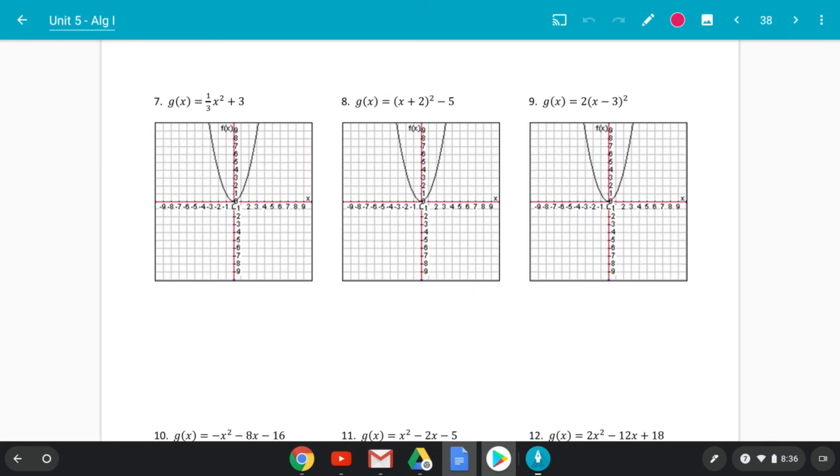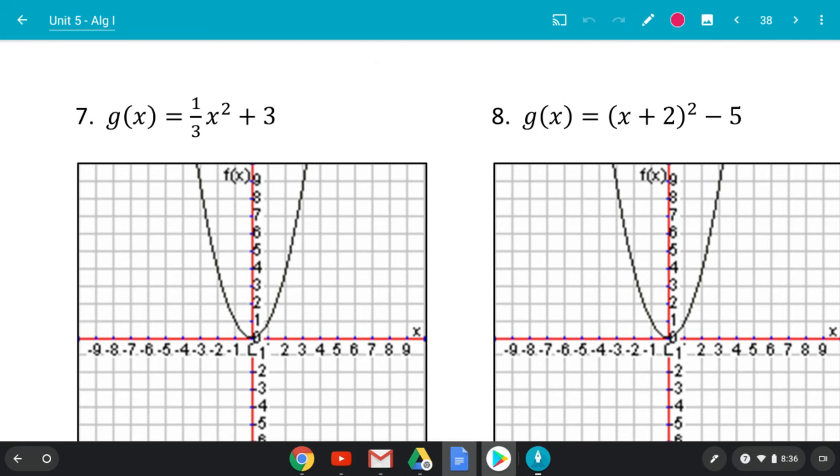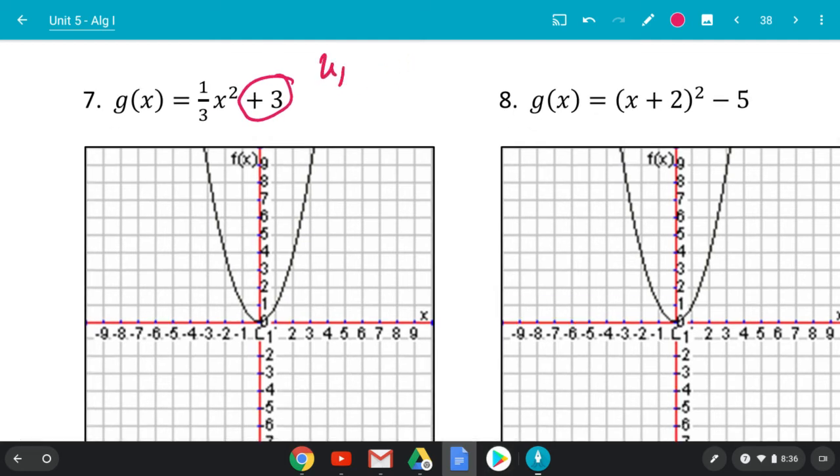Number 7. Again, if I look at number 7, there's no junk, right? So since there's no junk, I can see it's a vertical slide. It's going to go up 3. And then it's going to be a vertical shrink of 1/3. So this point right here is going to go up 3, 1, 2, 3.